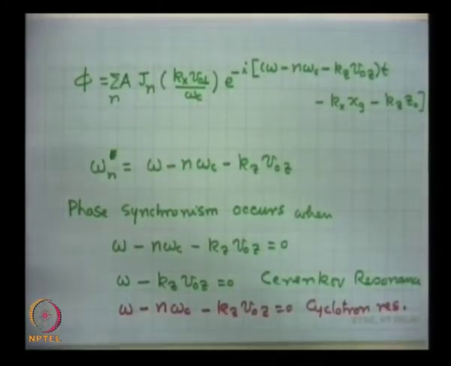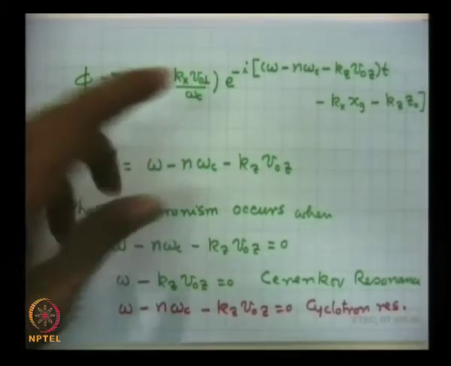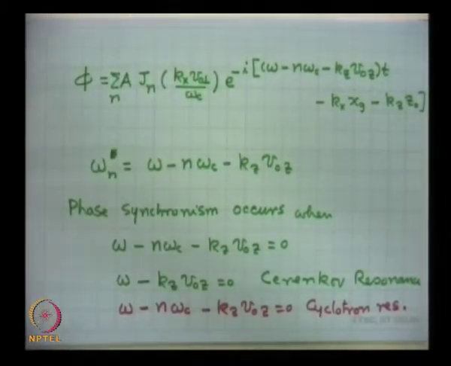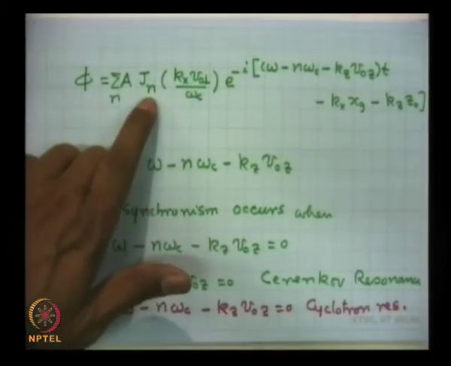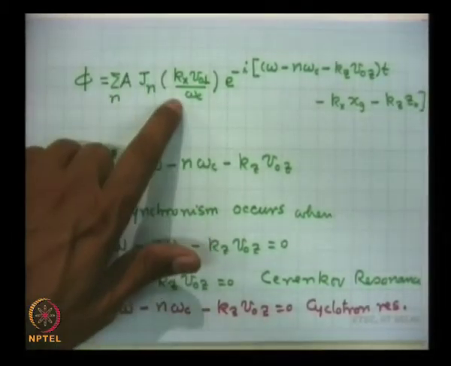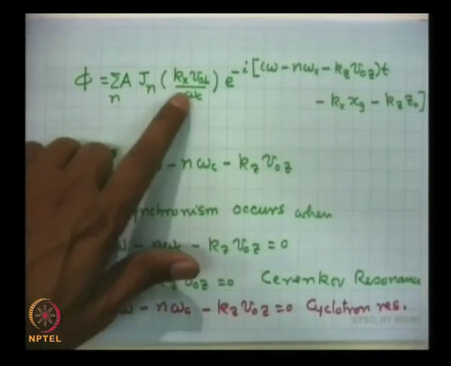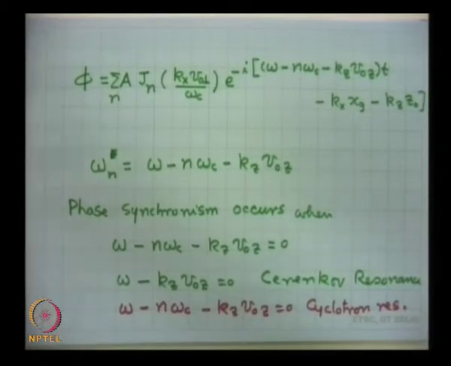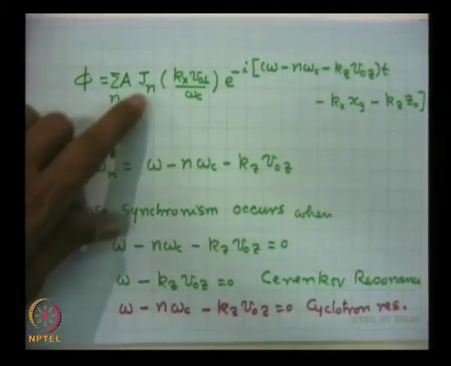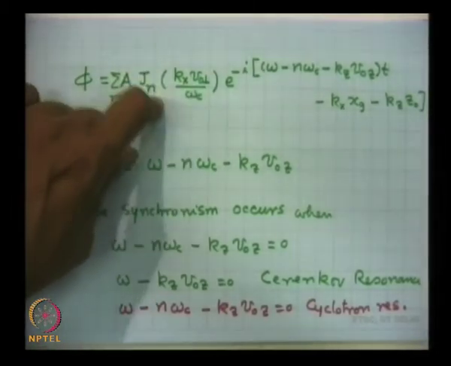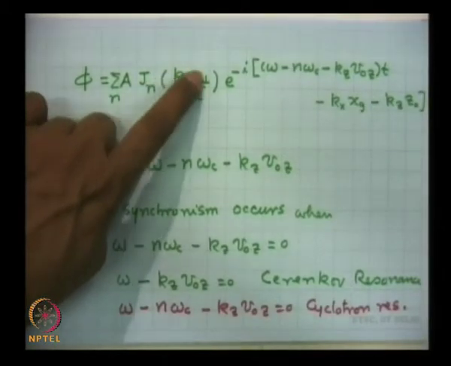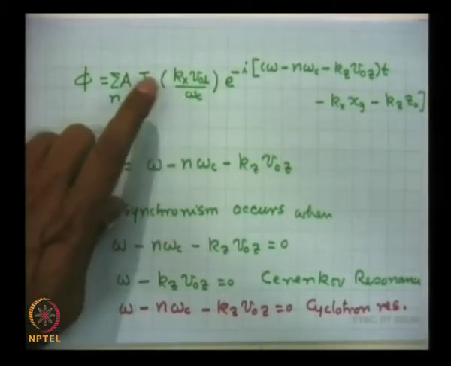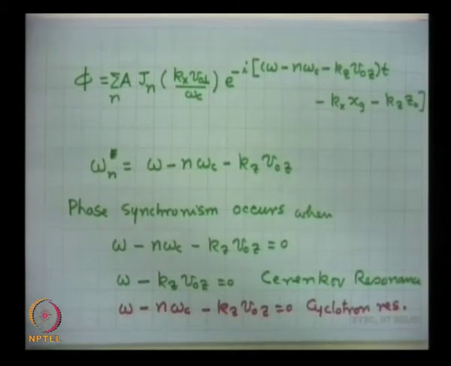So, what you require is that this should be comparable to unity or bigger. When this is comparable to n, then this is very substantial. So, if I want this equation to be satisfied for the nth cyclotron harmonic, then I must choose those waves for which kx v thermal upon omega c is comparable to n, if possible.